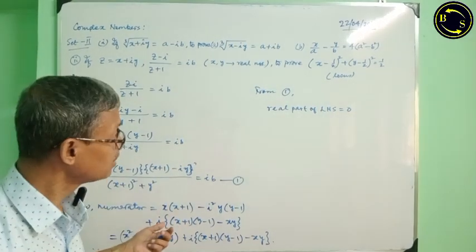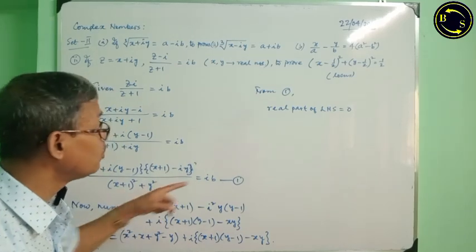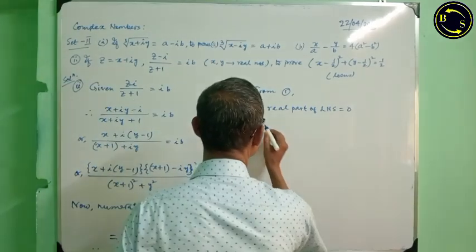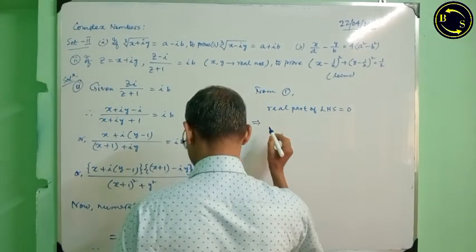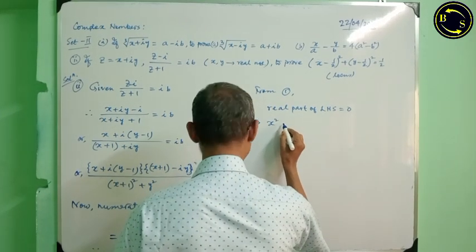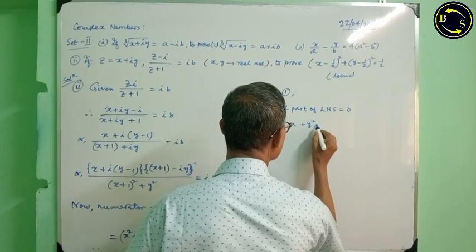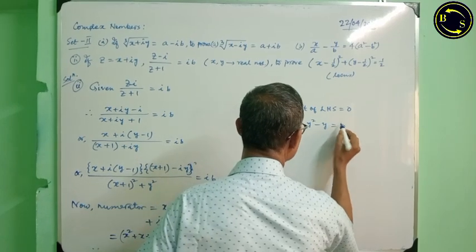Very interesting thing. You note, the real part of the left hand side will be 0. From that we get x square plus x plus y square minus y is equal to 0.